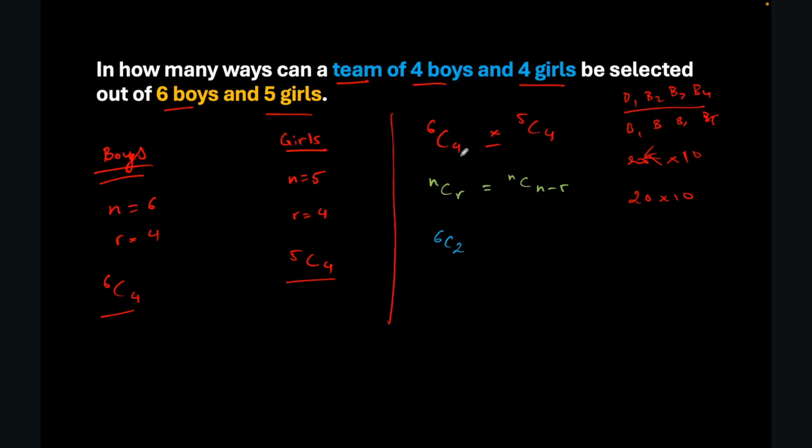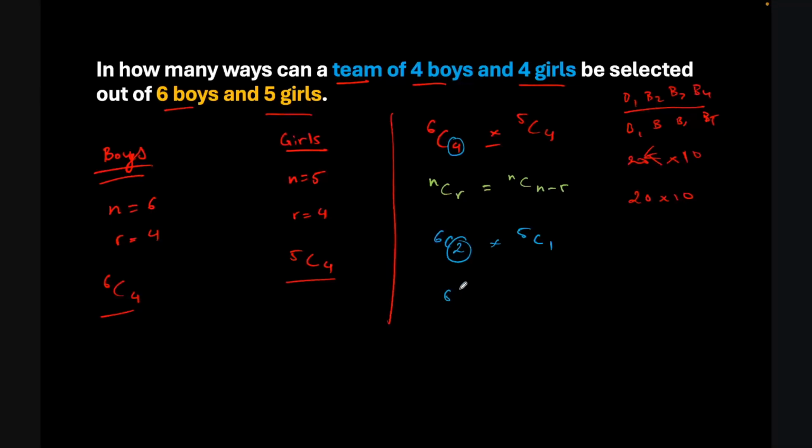This is either 2 and 4, these must add up to 6 every time. So either 6 minus 4 is 2, or 6 minus 2 is 4. So 6C4 is equal to 6C2, and I can call 5C4 as 5C1 as well, because 4 plus 1 is equal to 5.